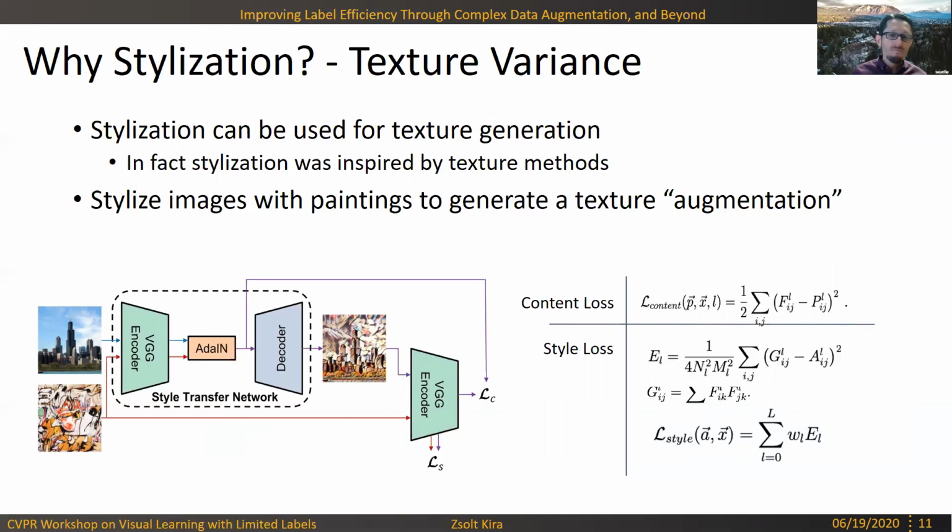You're going to optimize an image, so actually create a new image that has these losses associated with it. You can do this explicitly by applying the style loss with respect to the Gram matrix, but this is pretty slow. There are newer methods, called AdaIN for example, that do this much faster.